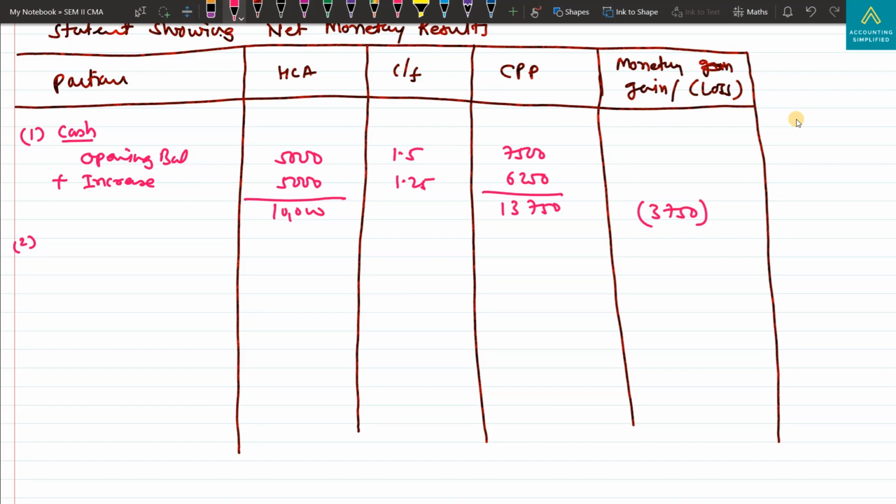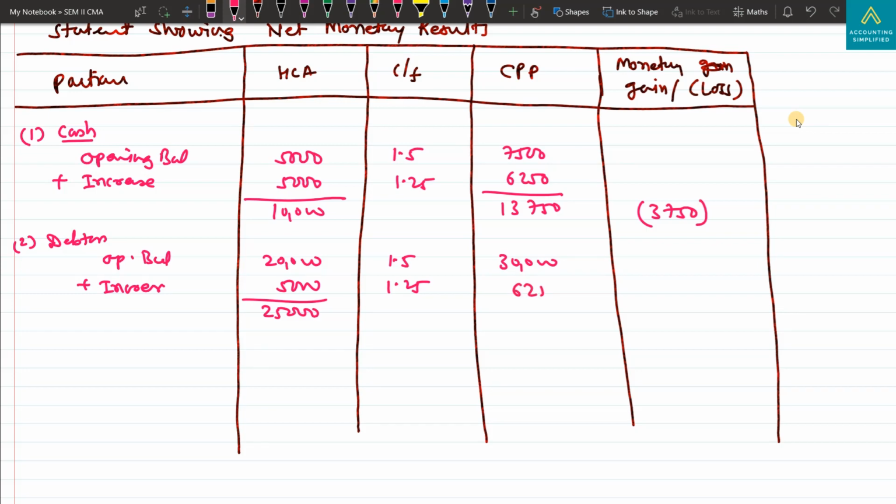The second particular is debtors, right? The opening balance of debtors is given as 20,000. The closing is 25,000, which means an increase of 5,000, so it becomes 25,000, right? So 1.5 and 1.25, multiply it, this becomes 30,000 and 6,250.